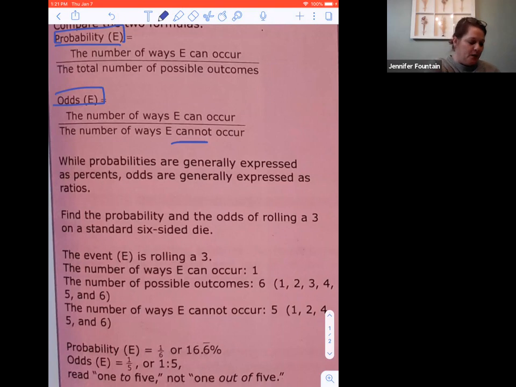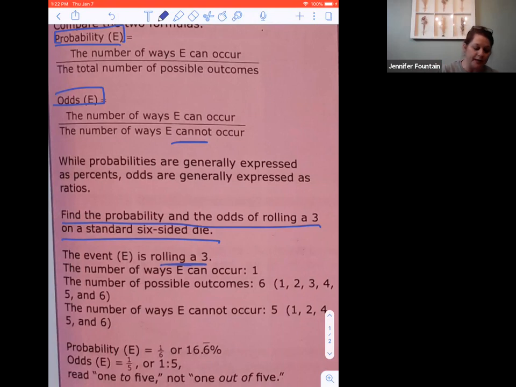All righty. So next example says we want to find the probability and the odds. So we're going to do both things here. We're going to find the probability and the odds of rolling a 3 on a standard 6-sided die. Okay, so the event is rolling a 3. So that's what we're saying E is.